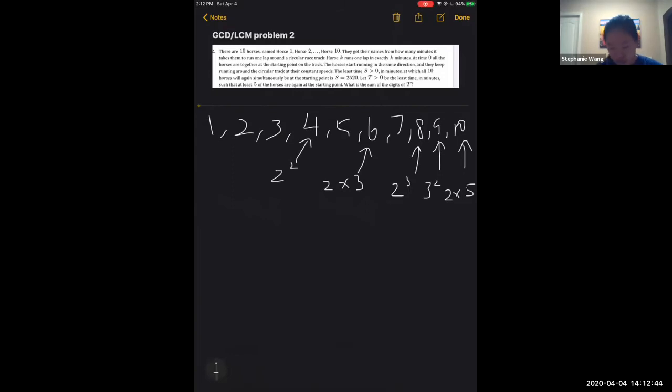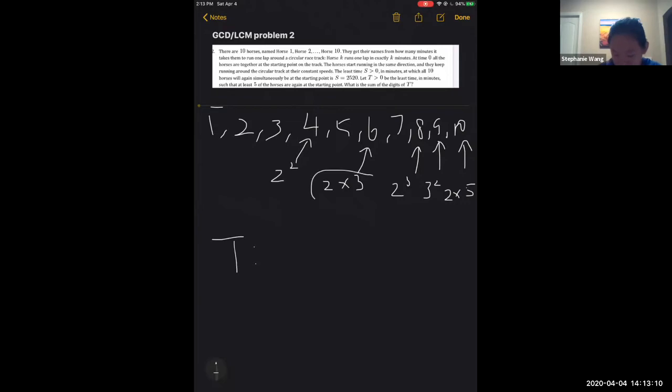So we're trying to find some combination. Let's find T, which has to have 5 of these numbers as divisors, at least 5. And we're trying to minimize the value of T. So we want to find a number such that 5 of these will divide it.